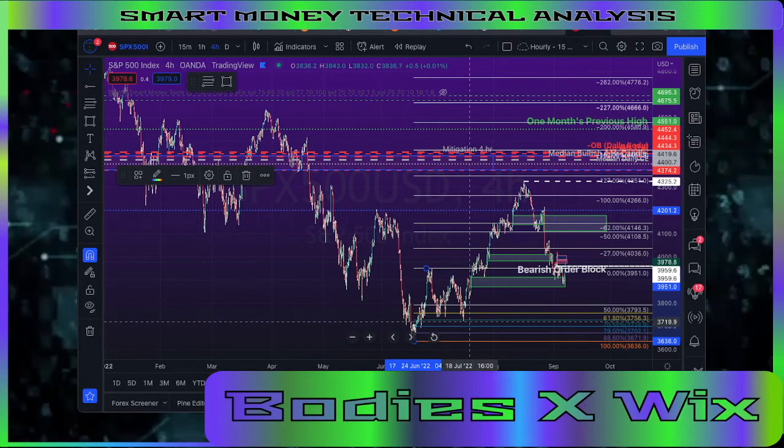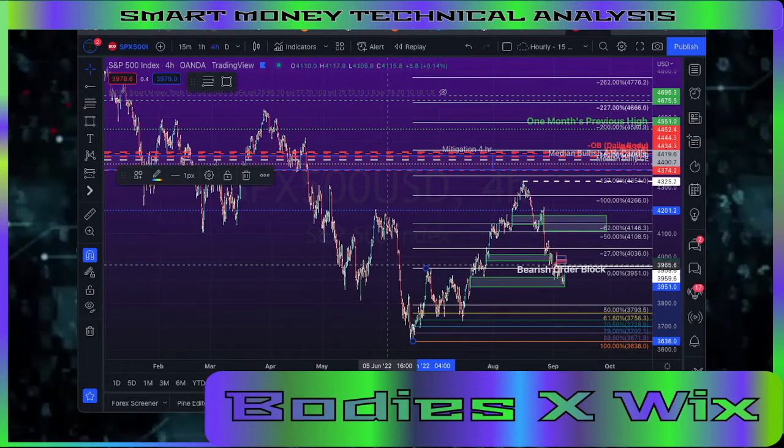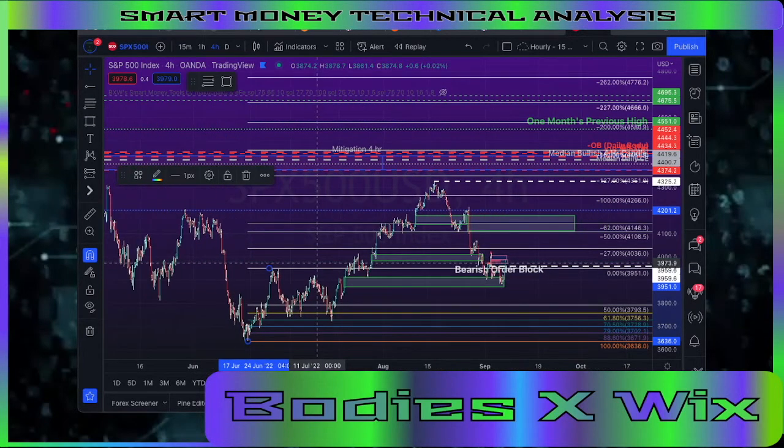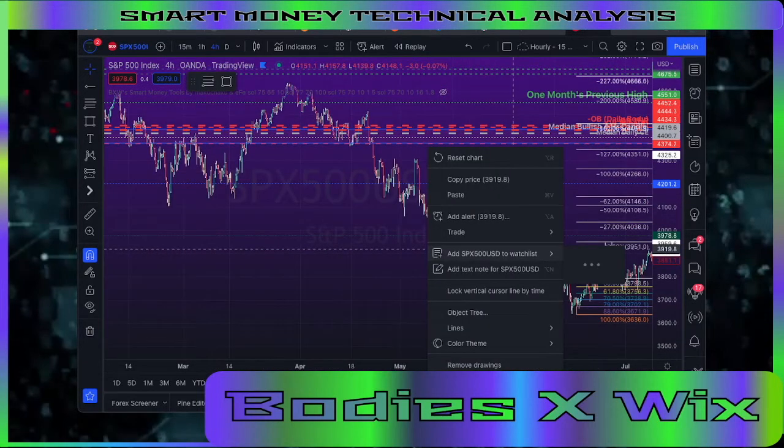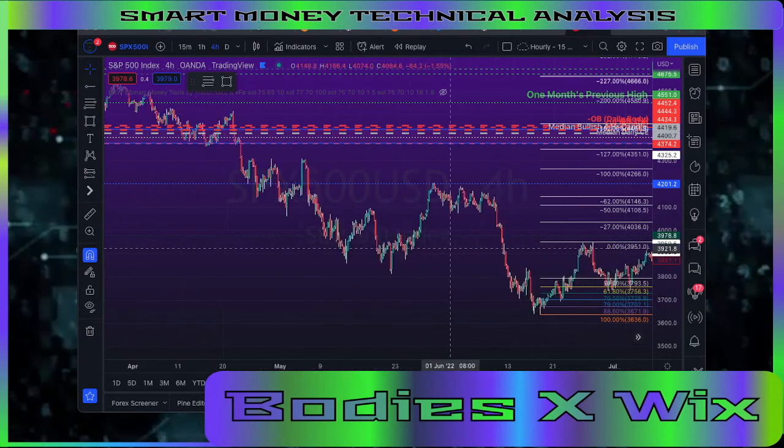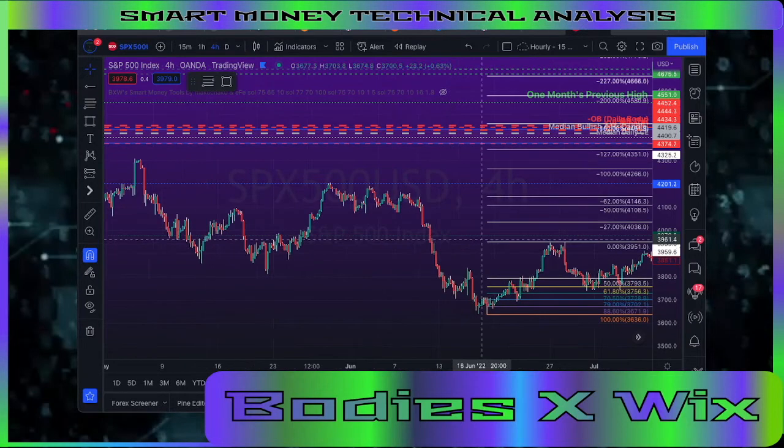So that doesn't surprise me that it ran up. And let me see where it got with this area over here. So it ran up here, got about as high as here. So there's a fair value gap right here. Another fair value gap right here, right?